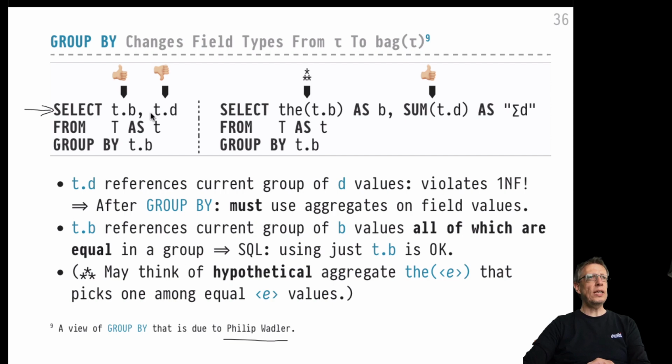We cannot place an entire group of values in such a single table cell. What we could do is aggregate this entire bag of int values to a single value, and that single value could be placed inside the resulting table cell. So specifying TD here is actually illegal. It would violate the first normal form.